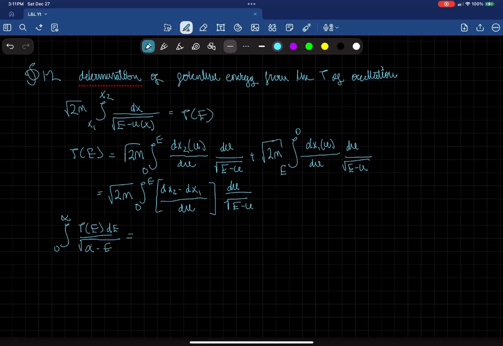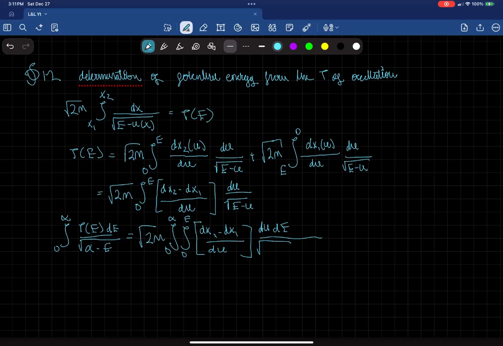is going to be equal to the square root of 2m times the double integral from 0 to alpha and from 0 to E of, again, dx2 minus dx1 over du times du dE over the square root of alpha minus E times the square root of E minus u.